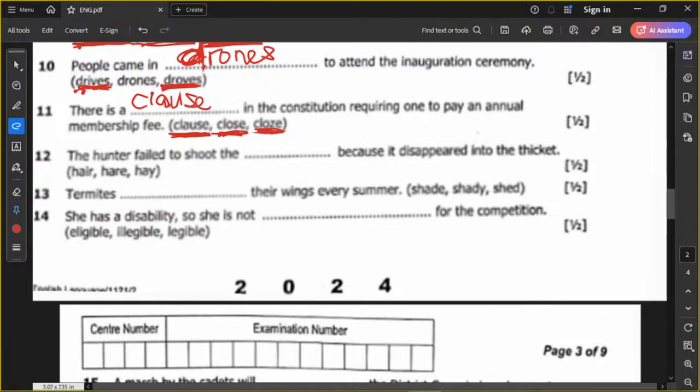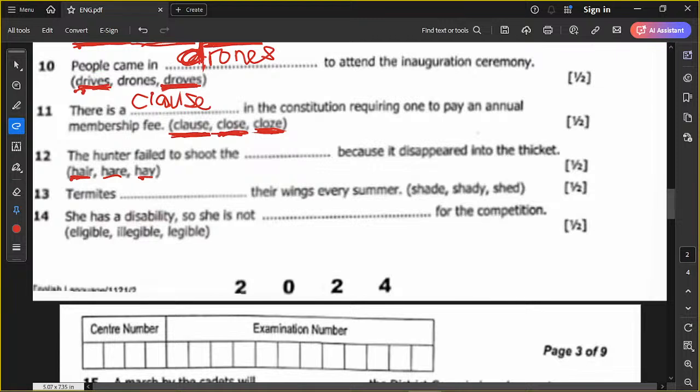Question 12. The hunter failed to shoot the dash because it disappeared into the thicket. So the hunter failed to shoot the hare because it disappeared into the thicket. So we have got hare here, and hair here, and hay here. This hair is for the one we have on our heads.